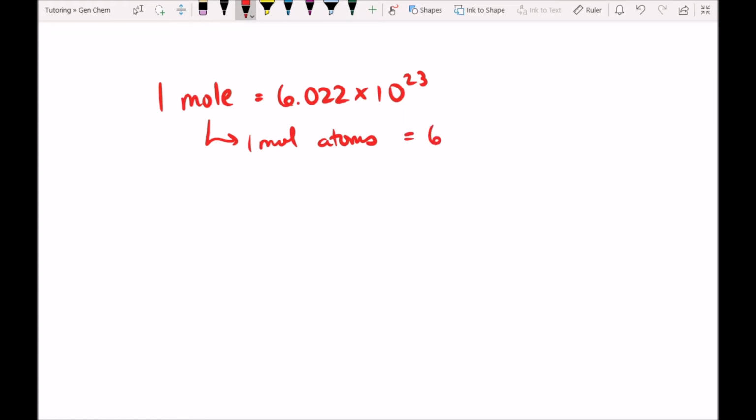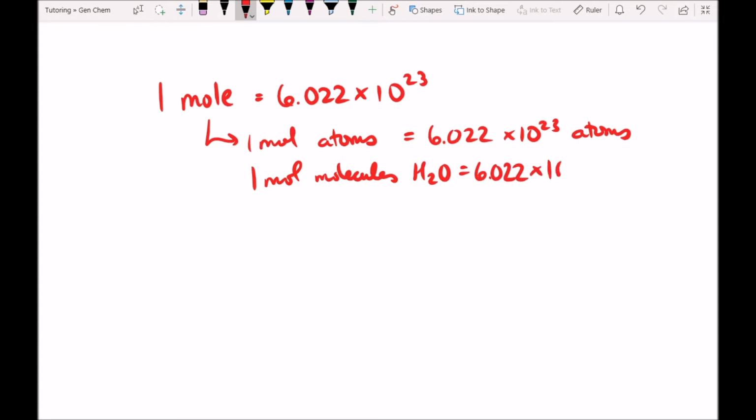And what does that mean? 6.022 times 10 to the 23rd atoms. We could have 1 mole of molecules of water. And that means we have 6.022 times 10 to the 23rd molecules of water. Right? Just like we saw with dozen.